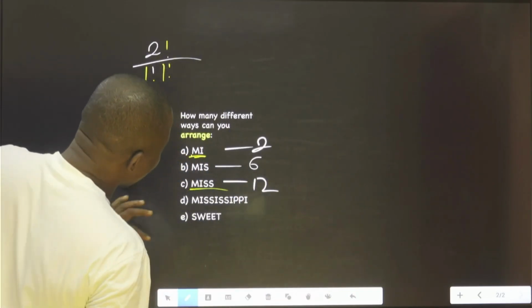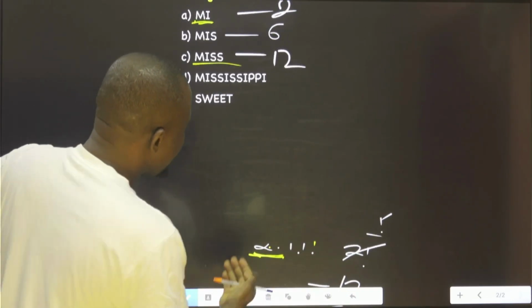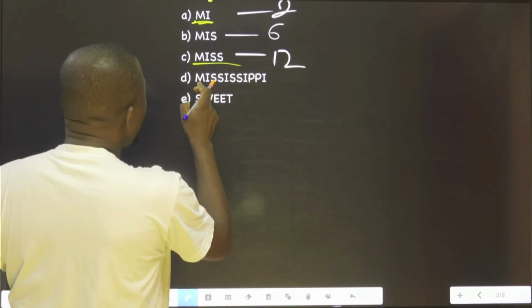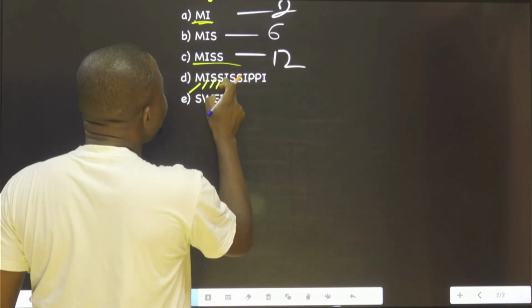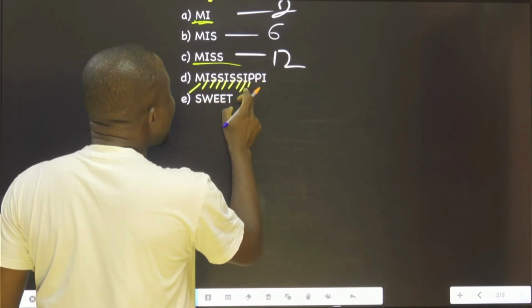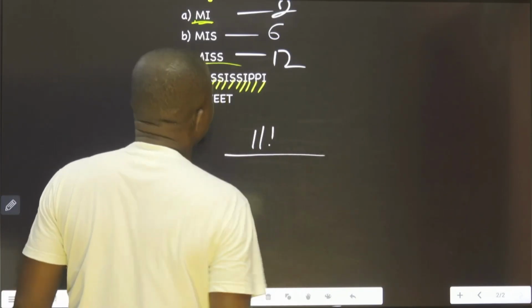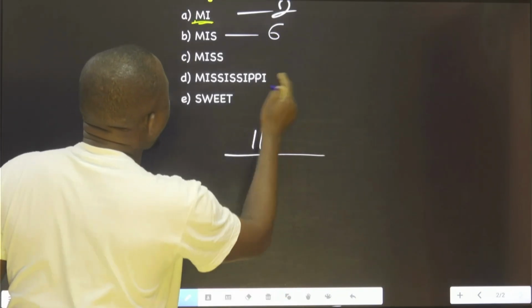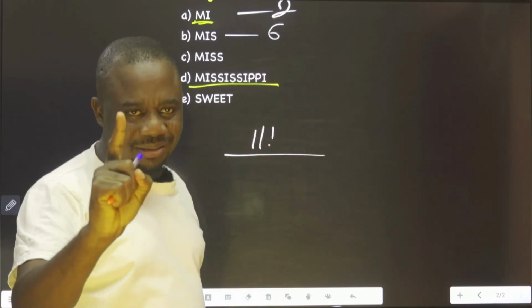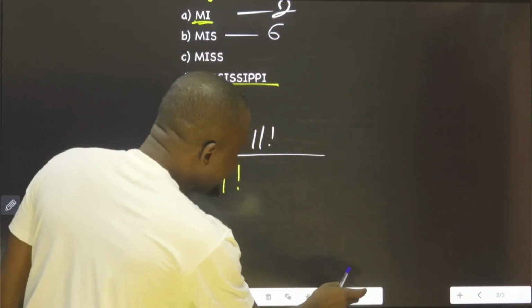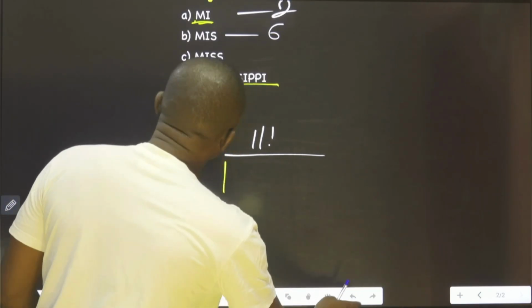The next question now is Mississippi. Don't waste your time. Count: 1, 2, 3, 4, 5, 6, 7, 8, 9, 10, 11. That's 11 factorial over. Look at M. How many M here? Only 1. So you want to put 1 factorial, okay, but you are wasting your time. No need for that. Look for the repetitions.